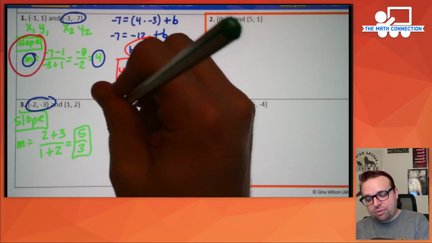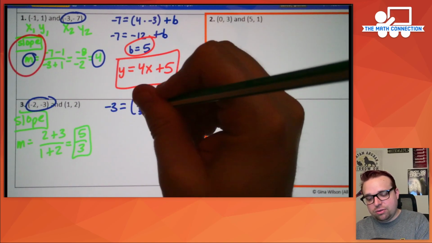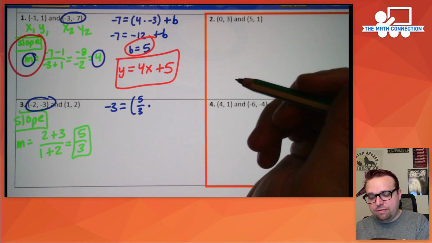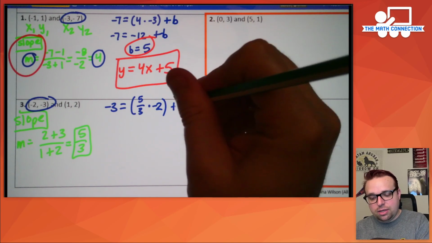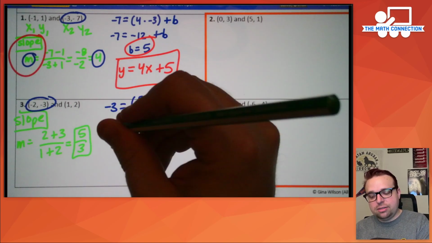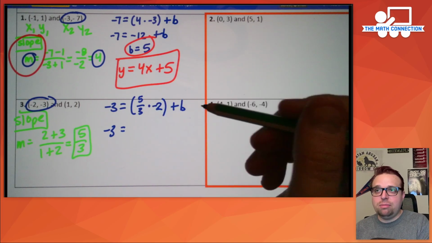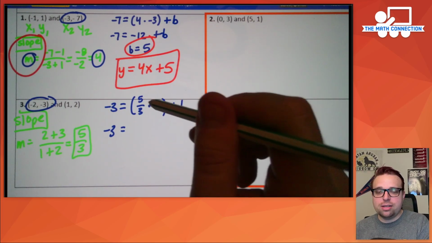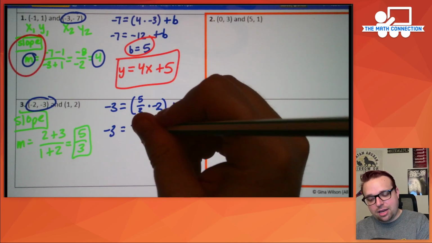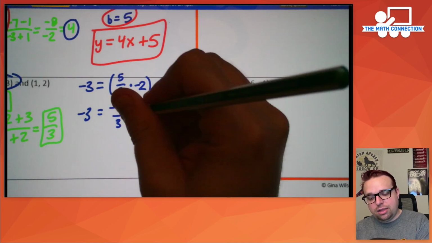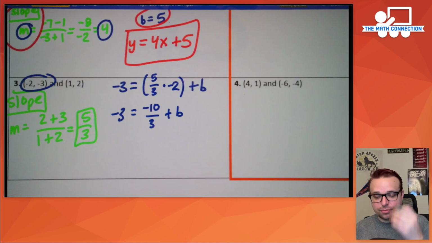I have negative 3 equals the slope, which is 5/3, times the value of x, which is negative 2, plus b. So let's solve this. Negative 3 equals, to multiply this fraction by this whole number, you just multiply it across the top and keep the same denominator. So that would be negative 10 over 3, and then we need to add the b value to that.